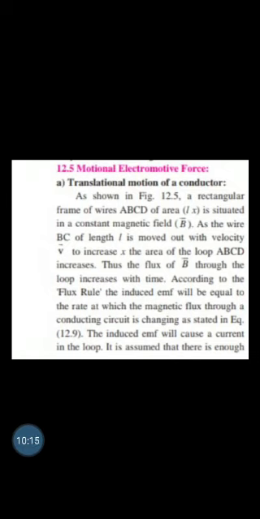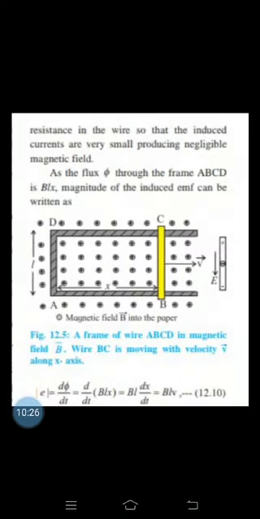The induced EMF will cause a current in the loop. It is assumed that there is enough resistance in the wire so that the induced currents are very small and produce a negligible magnetic field.